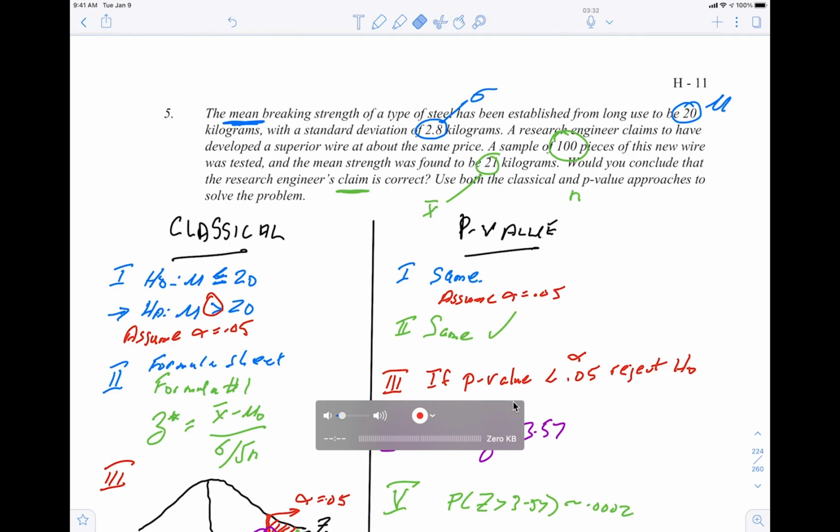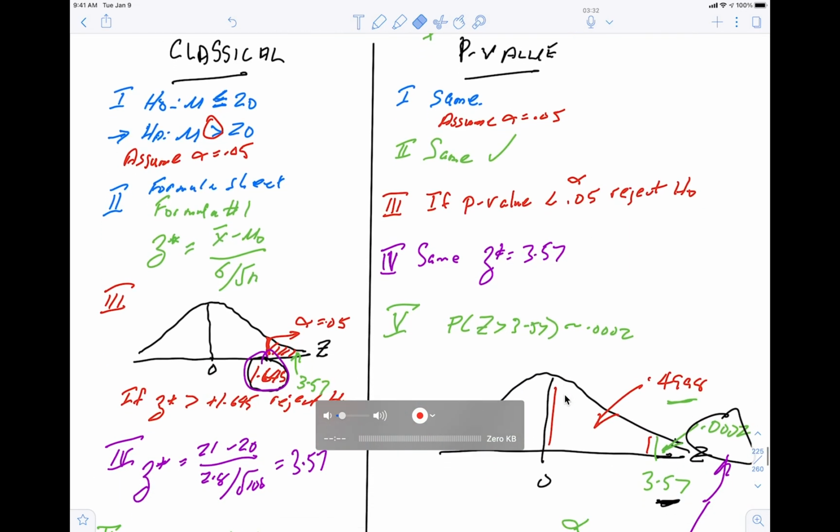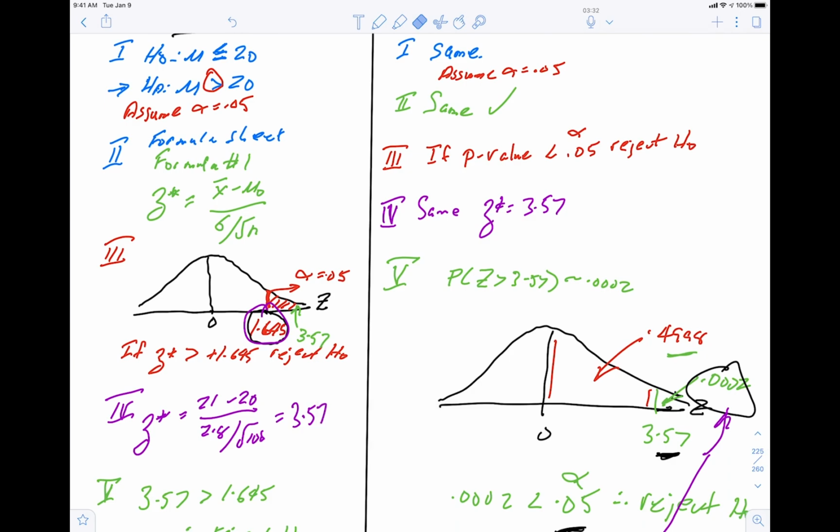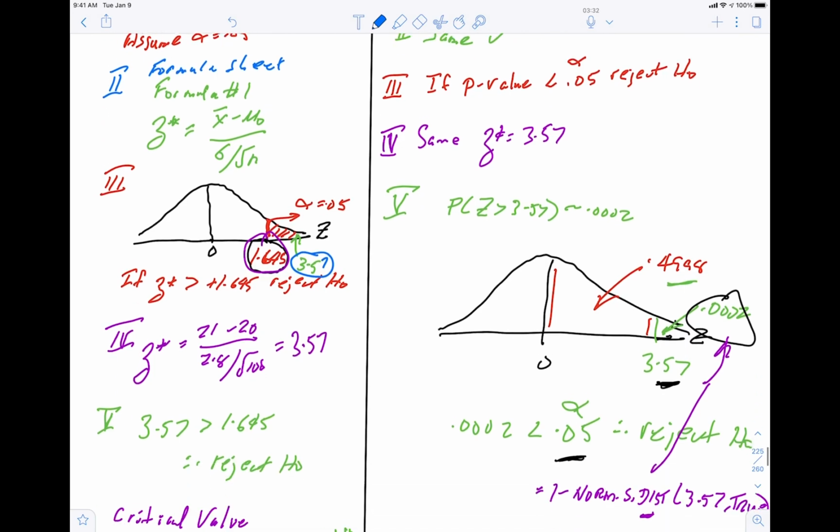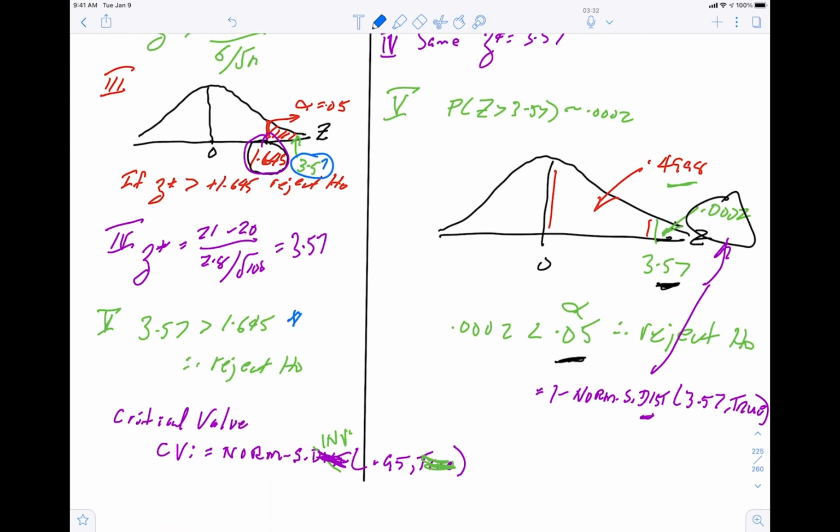Let's just take a look at when we did this by hand. And so by hand, we got 3.57. You can see that guy right there, 3.57. And that is greater than the 1.645.